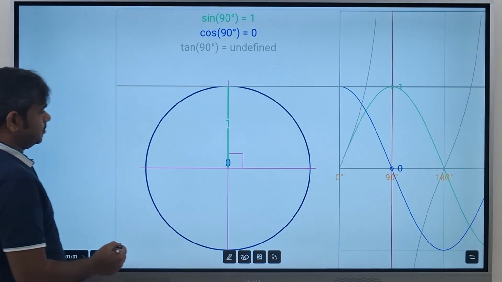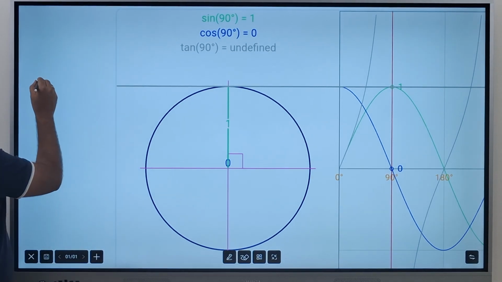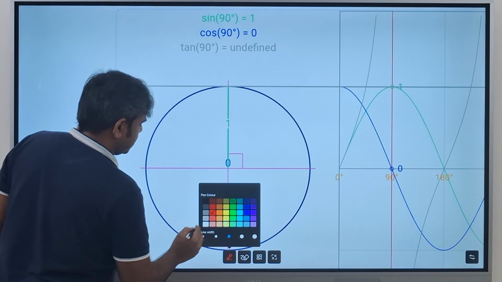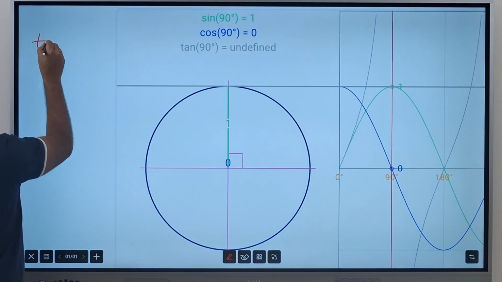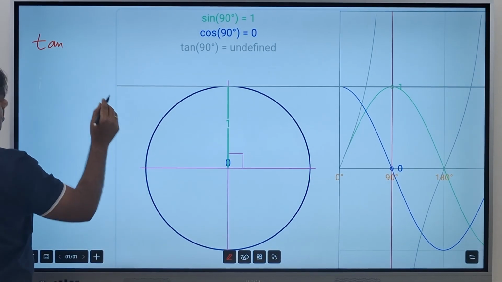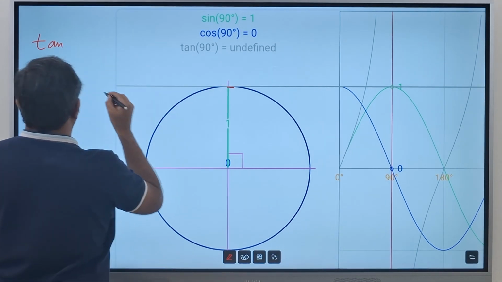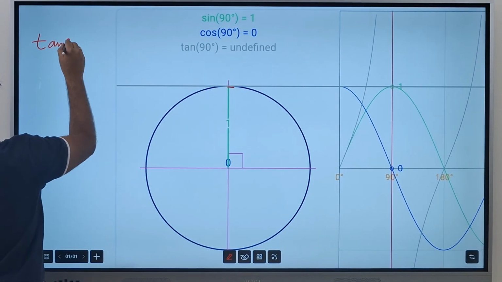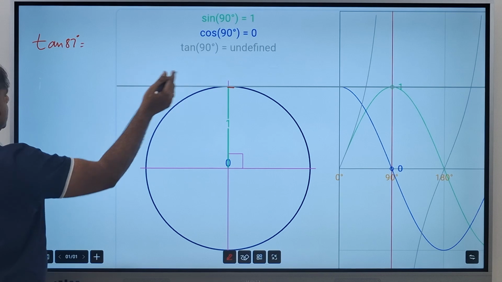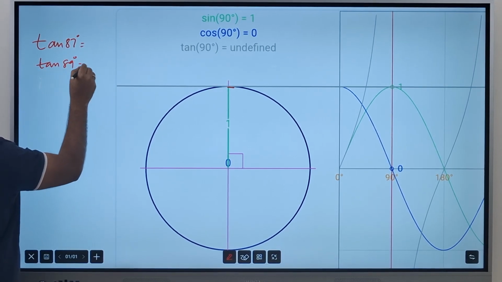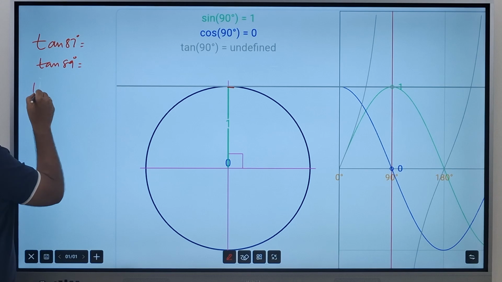You can find out tan 80, here you have seen, right, and 90 degrees and 87 degrees was shown here. Find out tan 89 degrees, use a calculator.